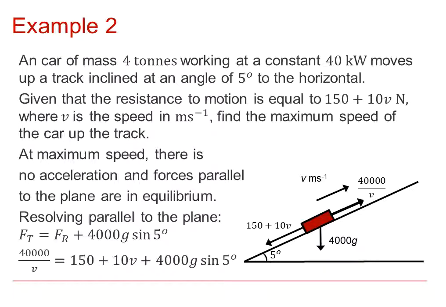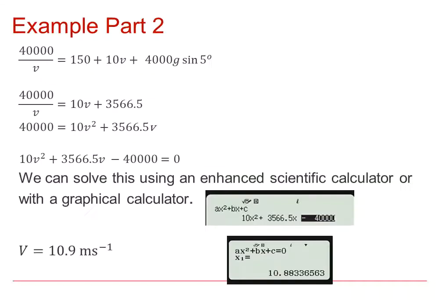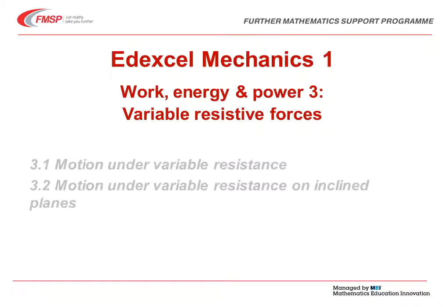And if I substitute for Ft and rearrange by multiplying through by V, we can get to the quadratic in V. So useful to know that you can solve this quadratic using an enhanced scientific calculator or graphical calculator, many of which will solve quadratic equations to get the answer 10.9 meters per second. And that brings us to the end of variable resistive forces.